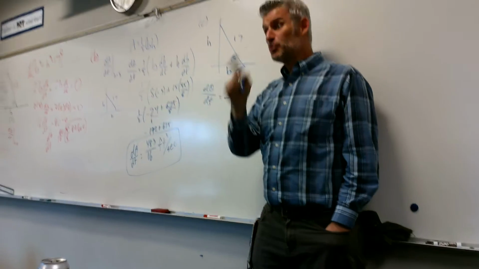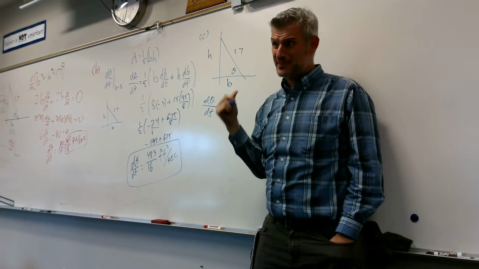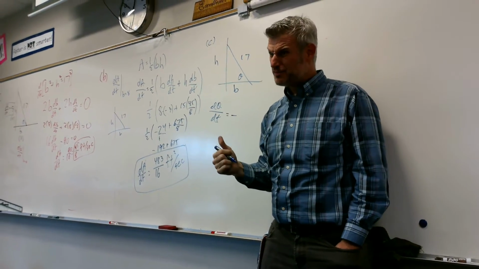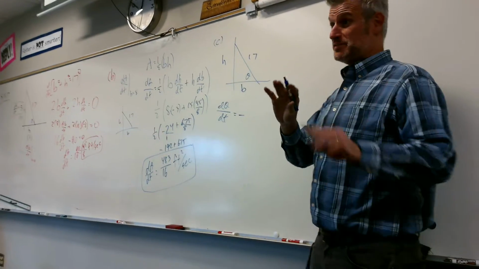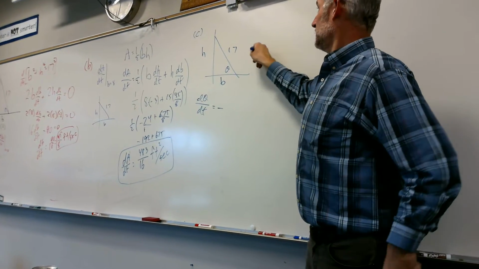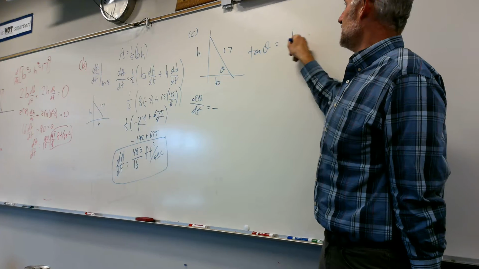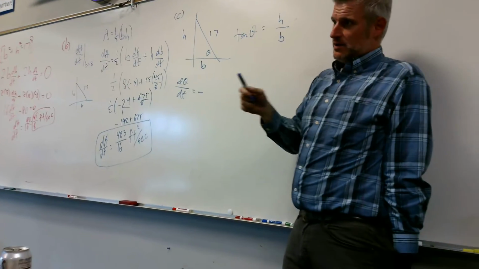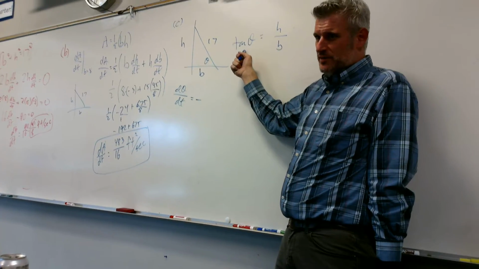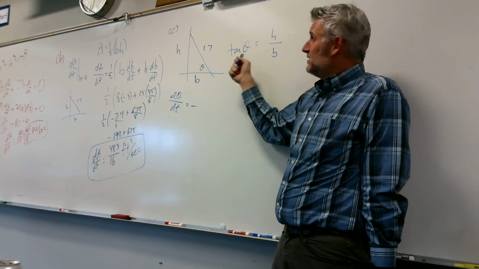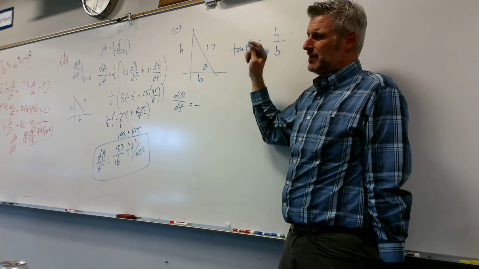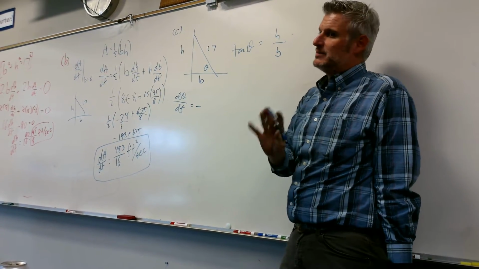Did you know there are 12 different ways to do this problem? If you get tan theta equals h over b, then you have to go secant squared of theta d theta dt, then a quotient rule over here. It's not bad.